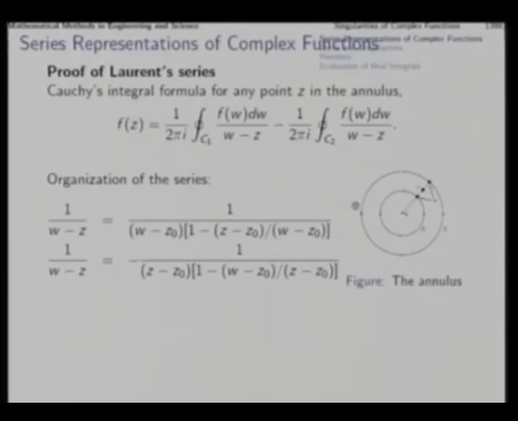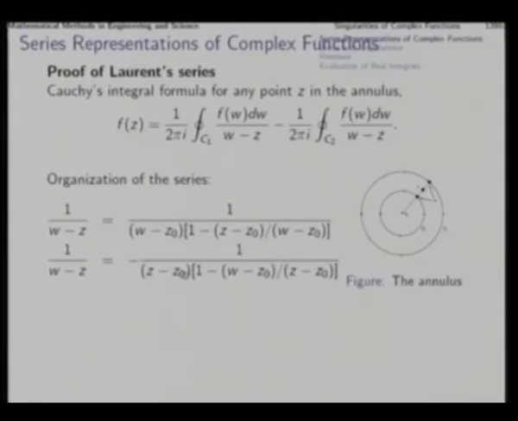Therefore, in the case of the inner circle, we first say that 1 by w minus z can be considered as minus 1 by z minus w, because here z will be giving the larger part. That is why this minus is here. So, that z minus w can be written as z minus z0 minus w minus z0.